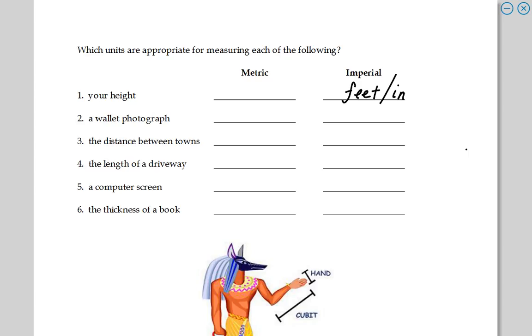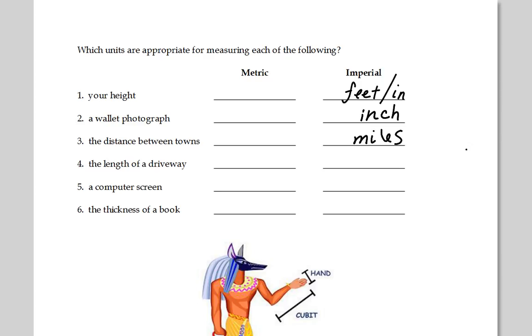Remember sometimes they say 4x6 or 5x7. What do they mean? Yeah, those are inches. The distance between towns, this is maybe between cities. Yeah, miles, good. M-I-L-E-S, miles. I guess I can spell the whole word, then might as well.